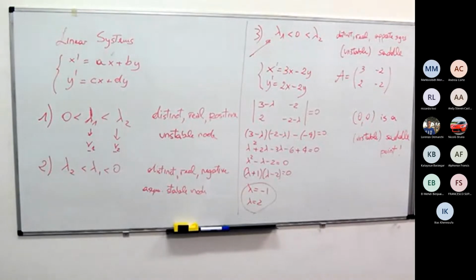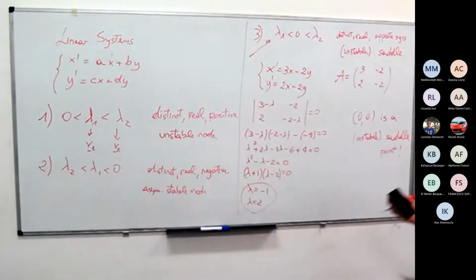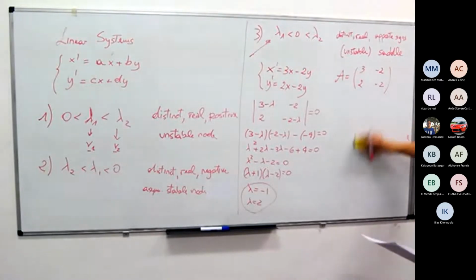Just for completeness, what we can do is also try to draw the phase diagram for this linear system. In order to do that, we should find the eigenvectors of the system, so the eigenvectors of this matrix. So let me cancel this.